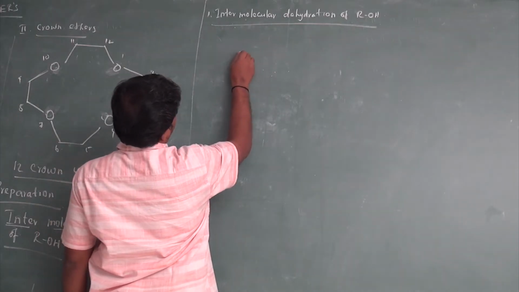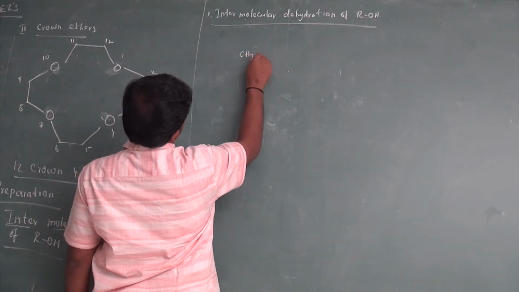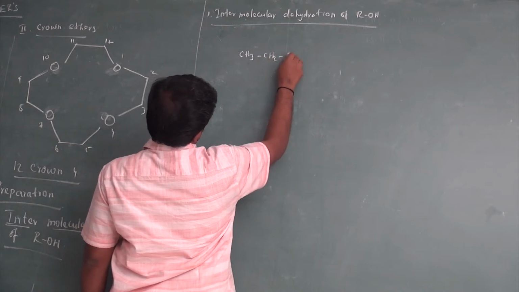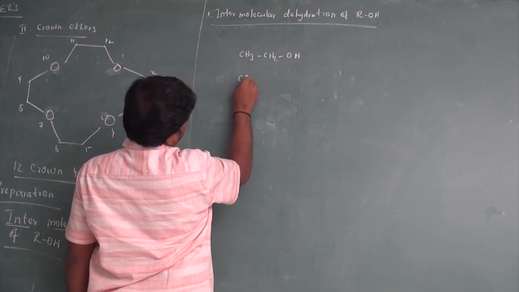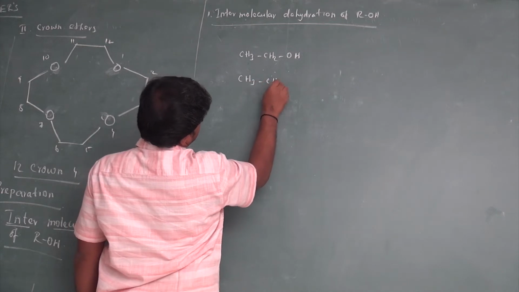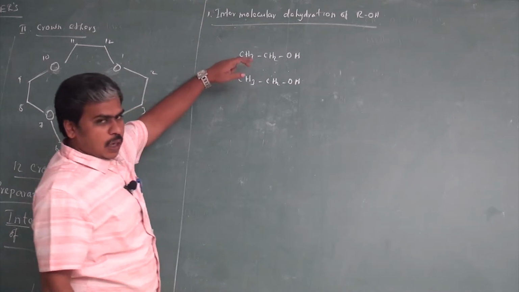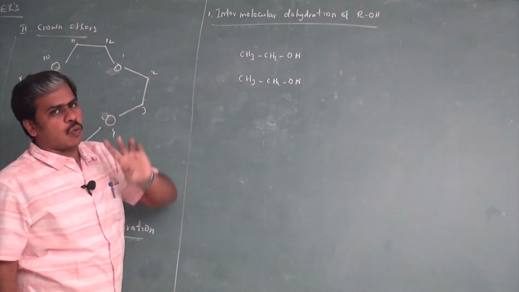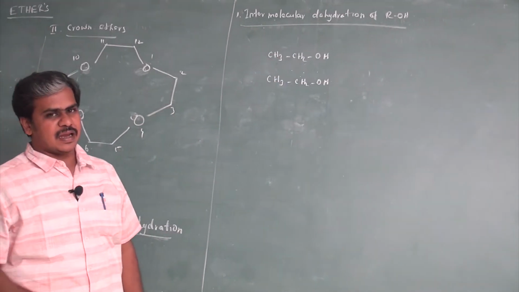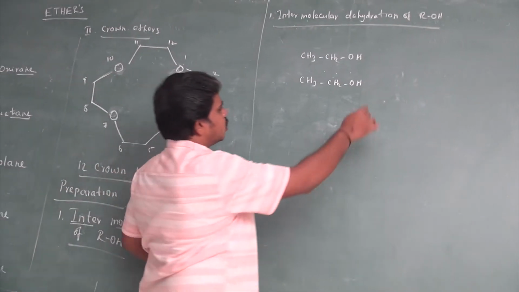Now we are taking an alcohol molecule, that is CH3CH2OH, and one more molecule CH3CH2OH. Between two molecules we are removing one water molecule, which is dehydration, and it is intermolecular.